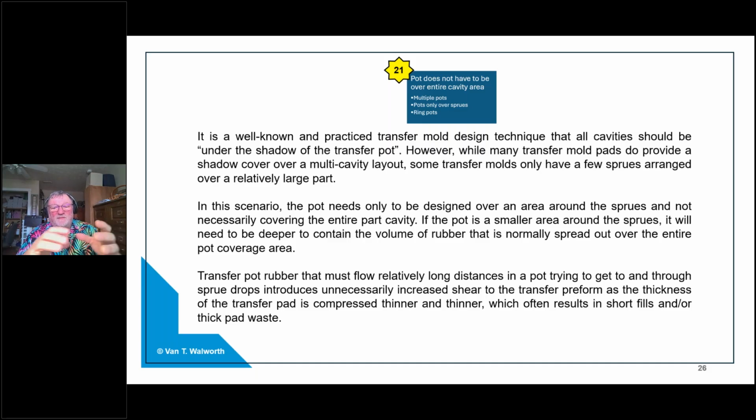Well, I'm a lot better off just having a small pot around the sprues. It's a deeper pot, and the only rubber that is going in is just over where those sprues are, with plenty of room around them. And I transfer my rubber without it having to run a long ways across a big pot, just because of the theory and understanding that my transfer pad must cover the entire part.